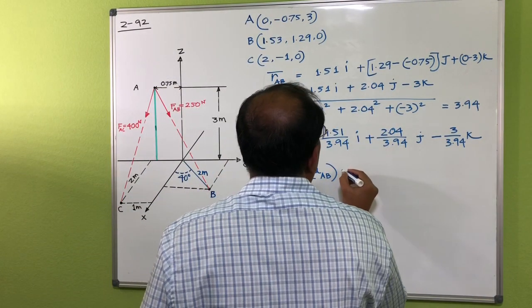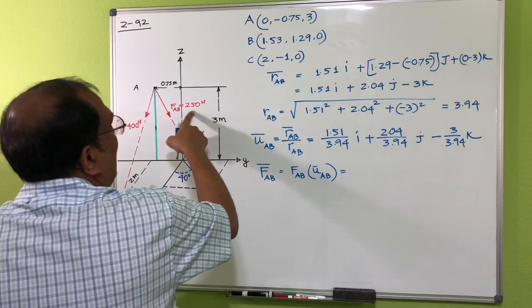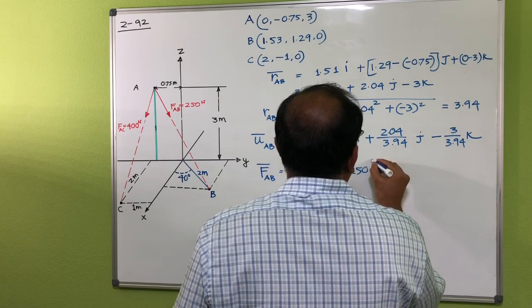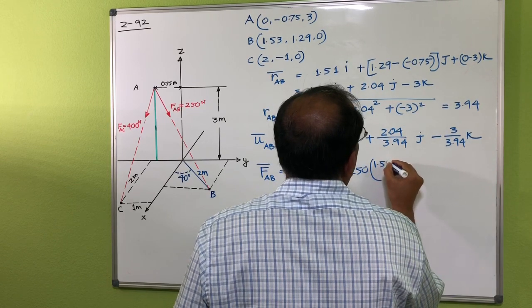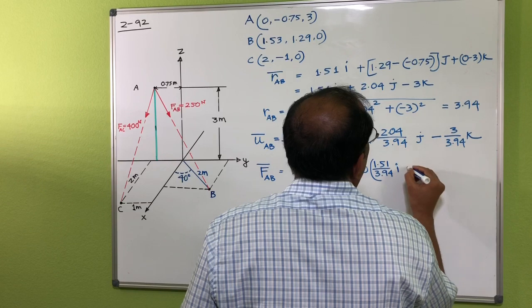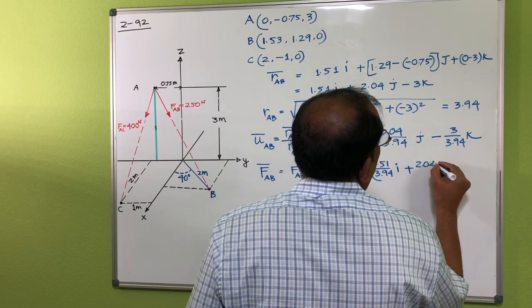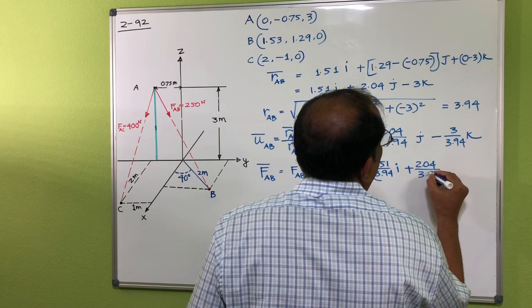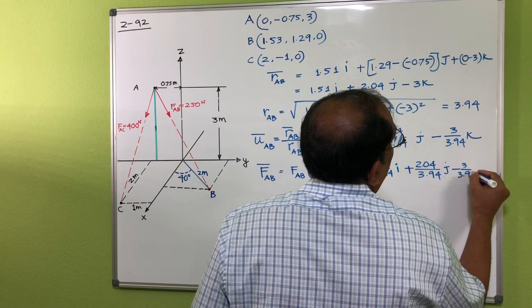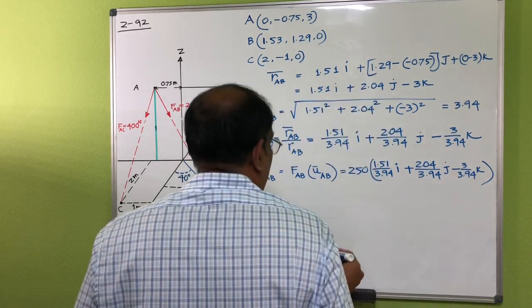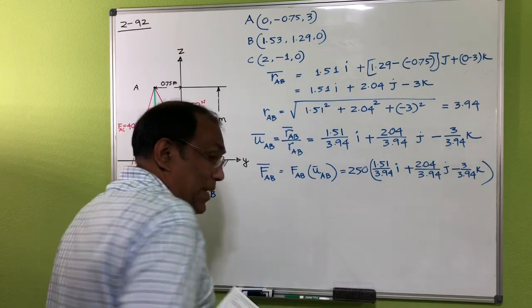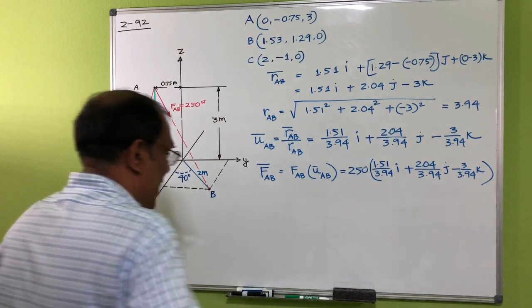So if you multiply the whole thing with the magnitude FAB equal to 250, that's basically, if you simplify that one, then you get the FAB.